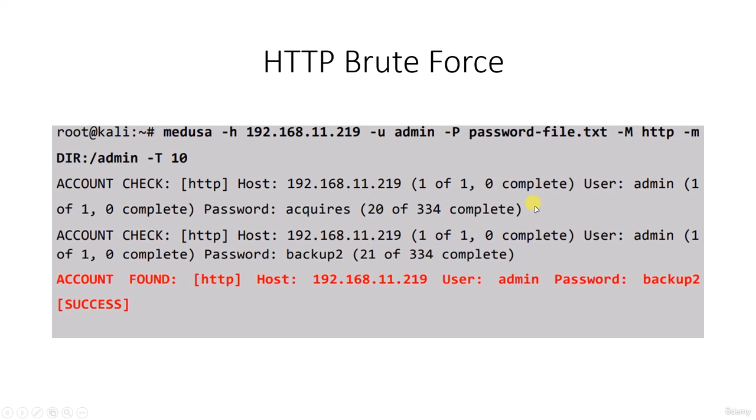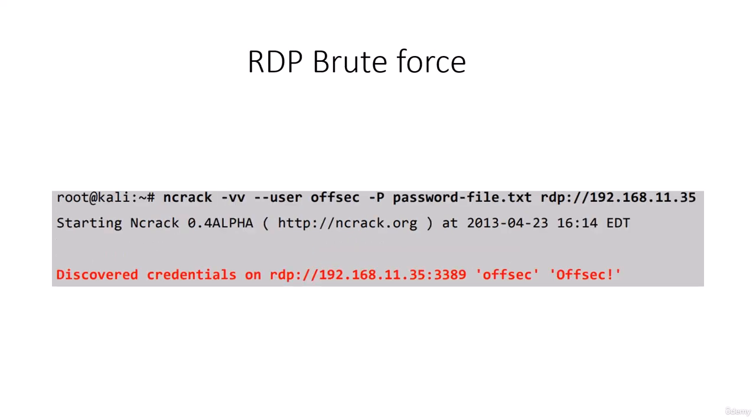Now let's talk about the RDP brute force. Ncrack was built by the creator of Nmap. Ncrack is a high-speed network authentication cracking tool, and it is one of the few tools able to brute force the Windows RDP protocol reliably and also quickly. As you can see, it's pretty easy.